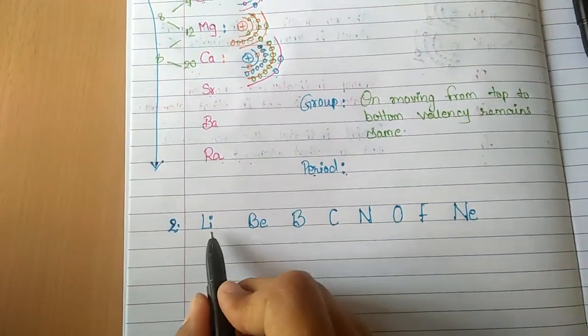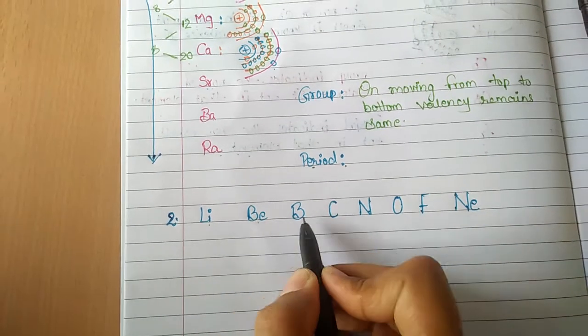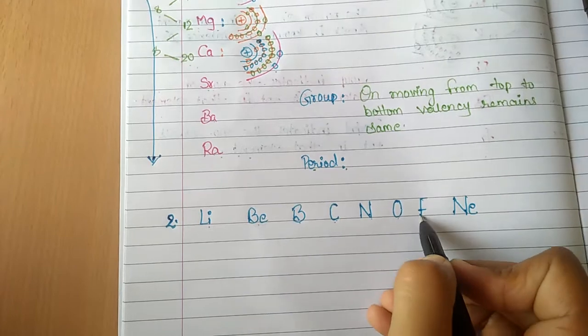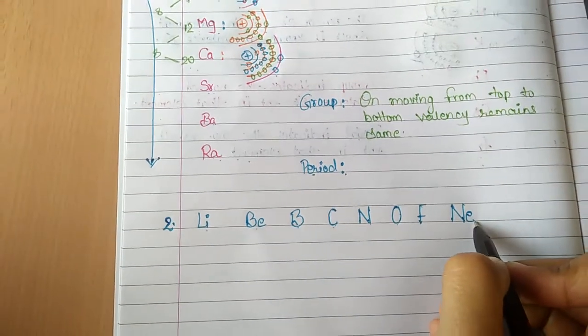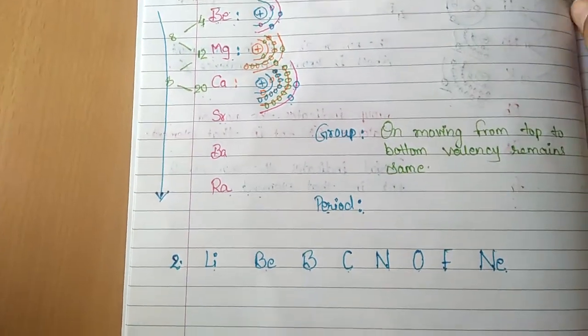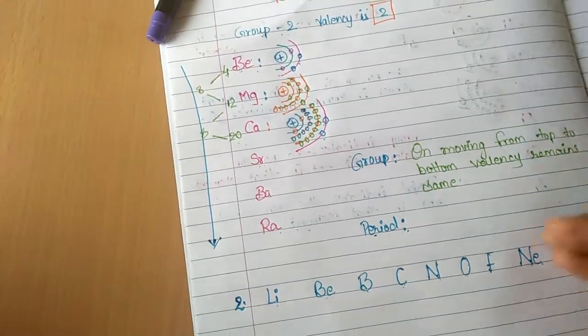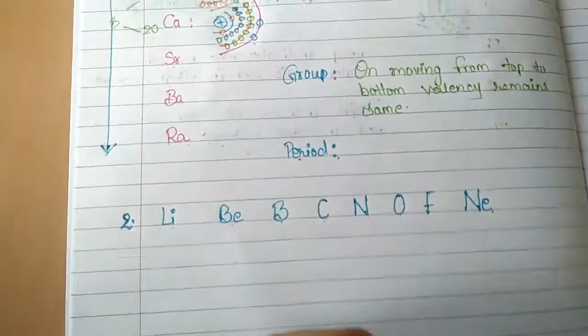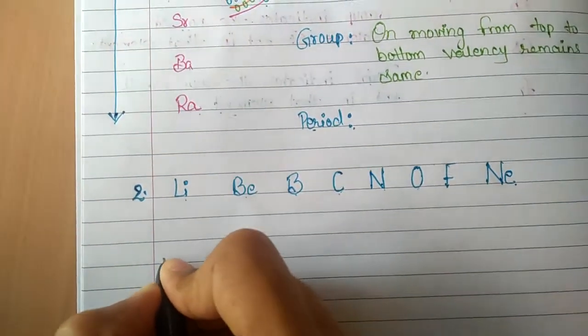There are 8 elements. The first 10 elements, we already know how to learn. If you have forgotten, let us revise it.